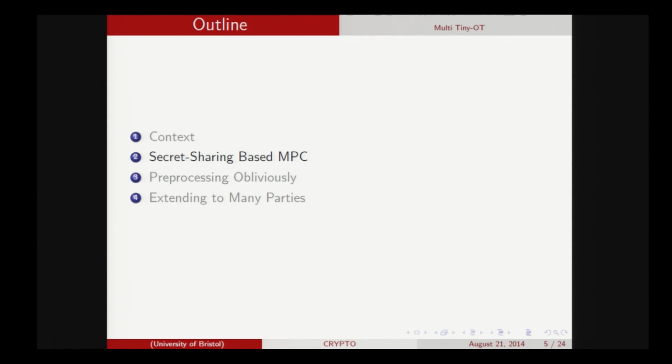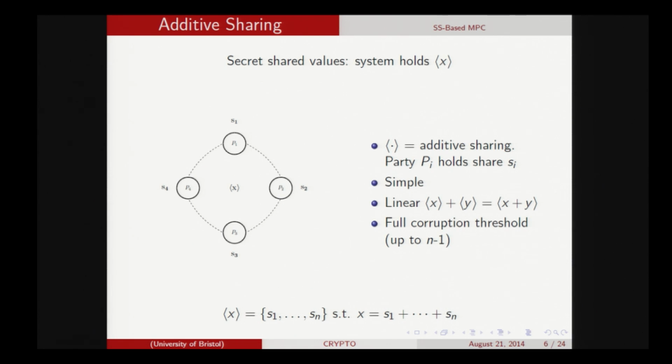OK. So that was all I wanted to say about general results. Now let's see how you can actually implement those protocols between many parties, the secret sharing approach that we follow. The first ingredient is a way to secret share the values in the system, in the set of parties. We use a very simple secret sharing scheme that is additive sharing. Here you break the secret into pieces or shares.